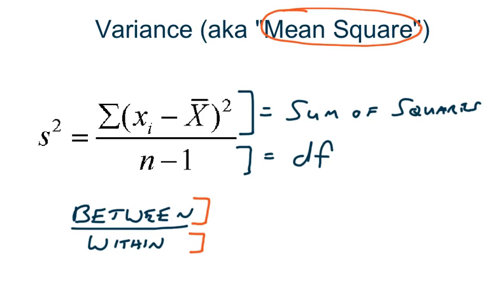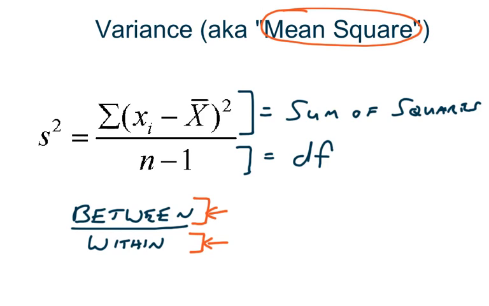We're comparing two variances which, if the null hypothesis is true, they're both estimating error or sampling error. Whereas if the null hypothesis is false, then our between groups variance is going to reflect something more. It's going to affect or reflect the effect of our independent variable, whereas our within groups error is just going to be that, just individual differences or error.